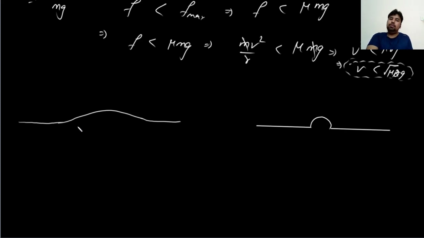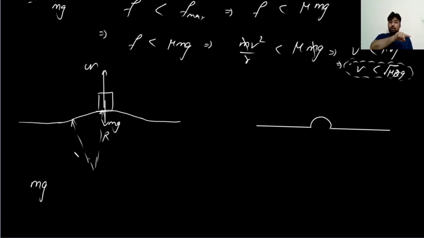For the wide one, the radius R is big. Let's say the vehicle has reached the top, mg is down, N is upward. The particle has to accelerate inward towards the circle, right? So mg minus N should be equal to m v square by R.